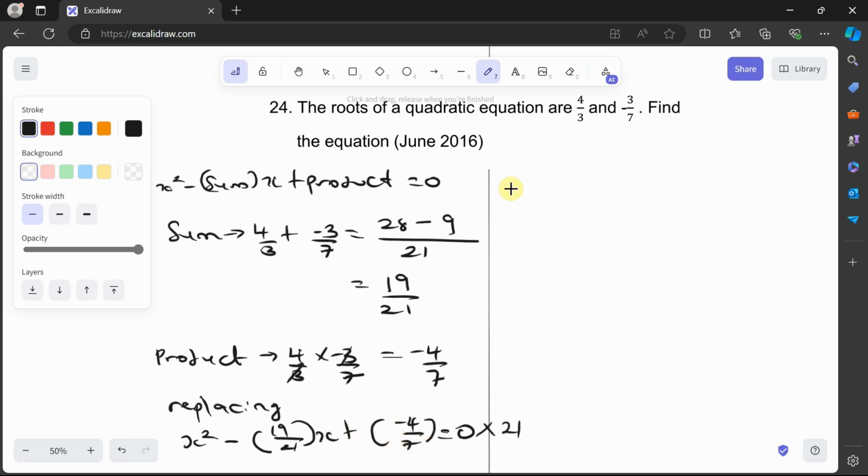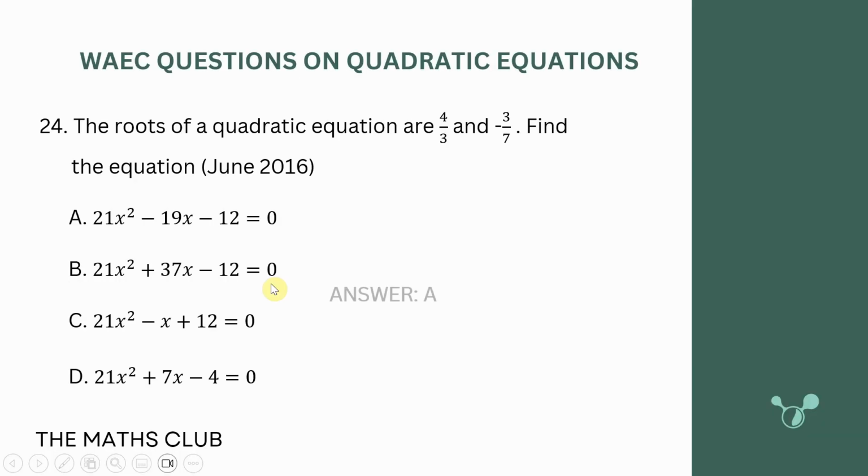So that will be 21 times x squared is 21x squared, minus 19 over 21 times 21 will leave me with minus 19x, and then minus 4 over 7 times 21 will give me minus 4 times 3, which will be minus 12, is equal to, and 0 times 21 will give me 0. So this is our equation for the particular question. So that is option A.